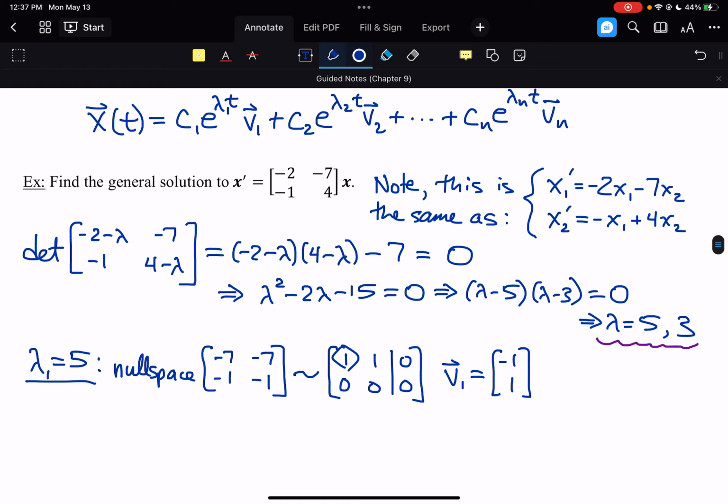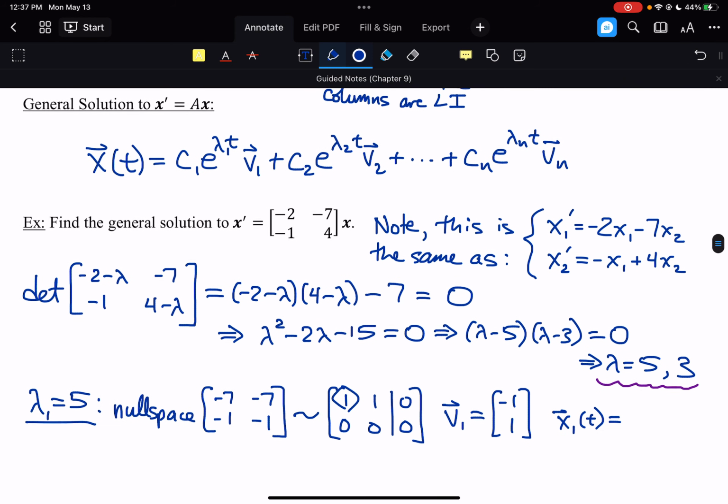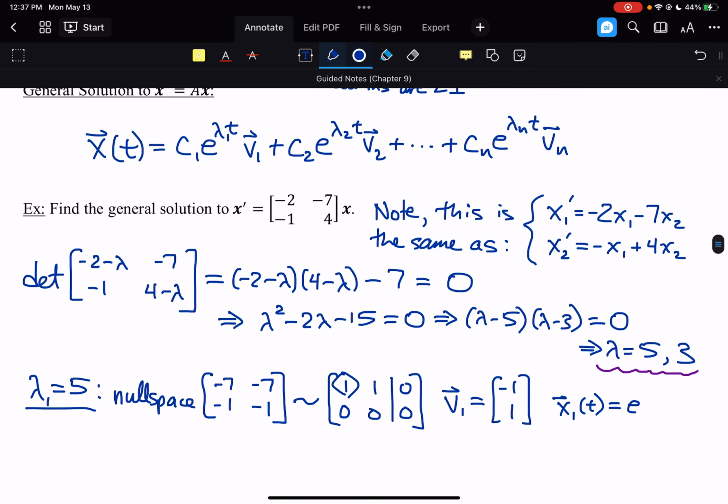So our first solution, x1 of t, remember they have this form, e to the lambda 1t v1. So that's going to be e to the 5t times negative 1, 1, that vector.